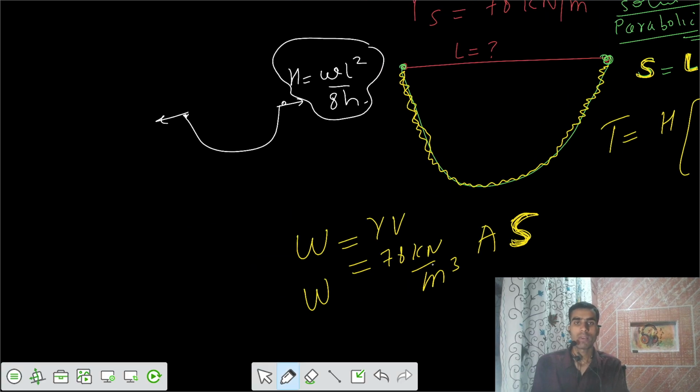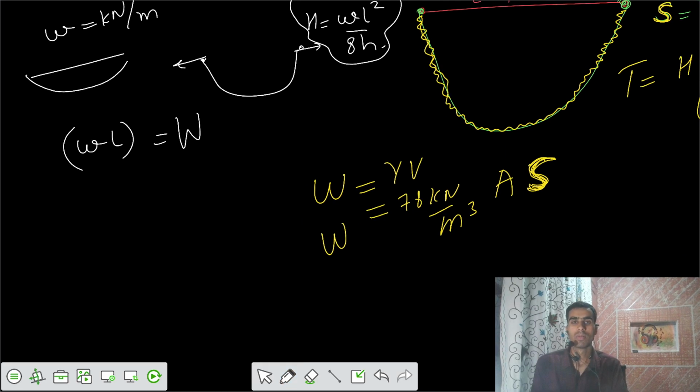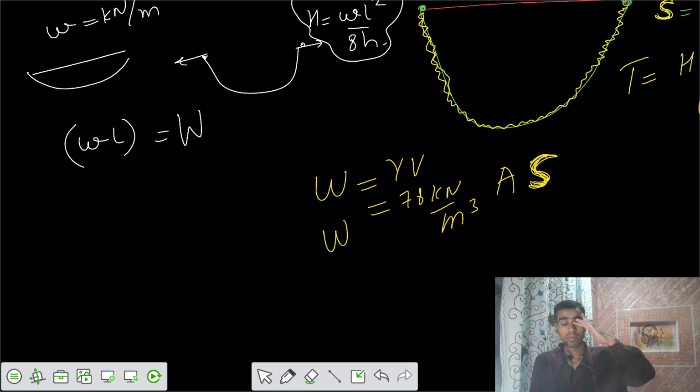Now, W is in kilonewton per meter. But if I say what is the total weight along the length, W into L, that's the total weight W. So if I substitute that value, W into L equals W, total weight.